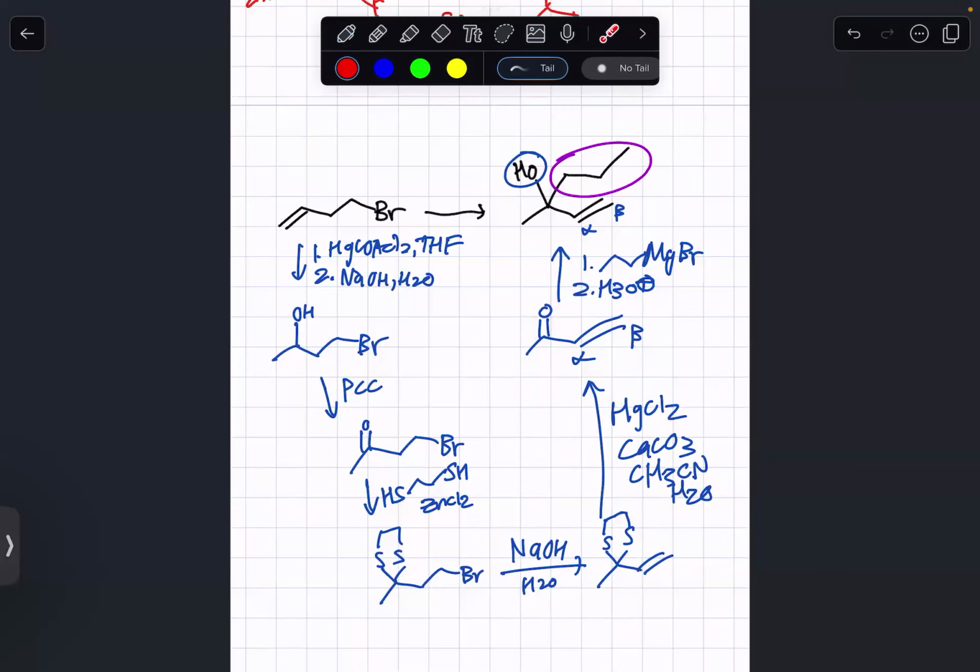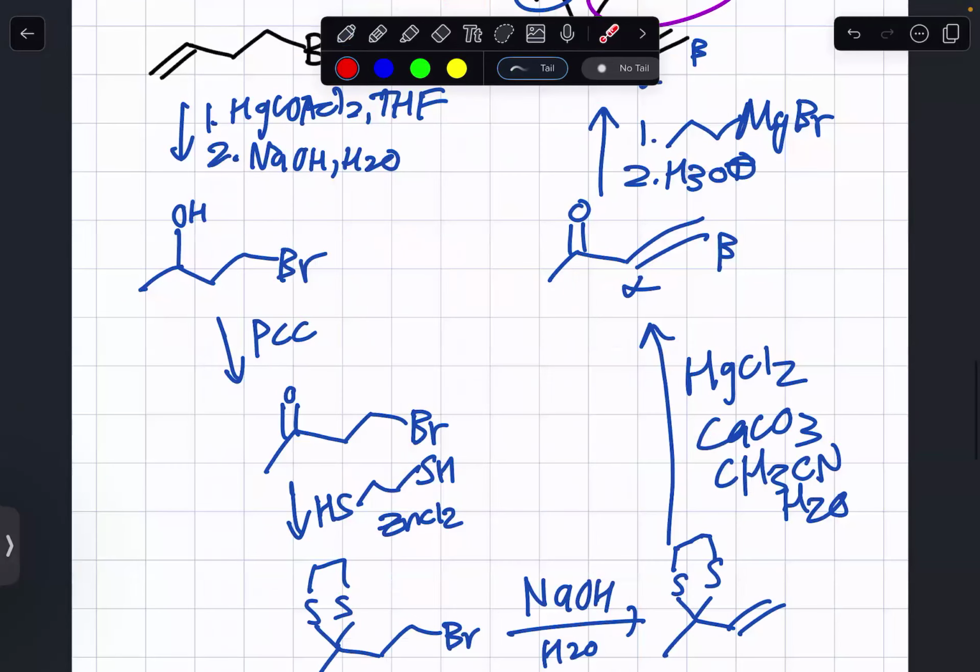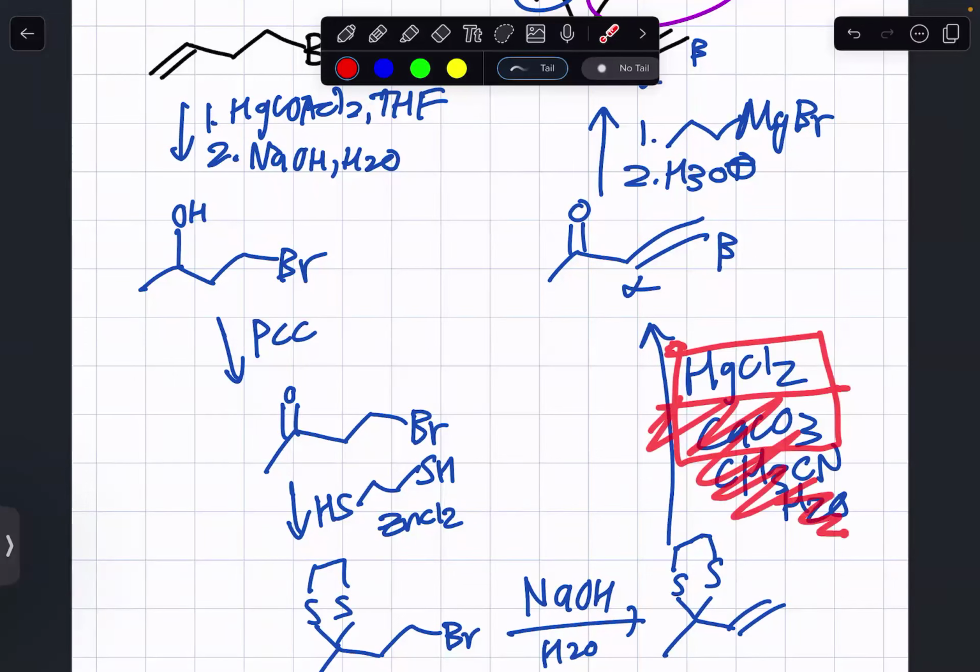Could we just write HgCl2 and be fine if it was just synthesis? I think these two would be fine, these two together. Okay, because he didn't provide, he just said that it was mercury 2+ and then Zn 2+, I think.